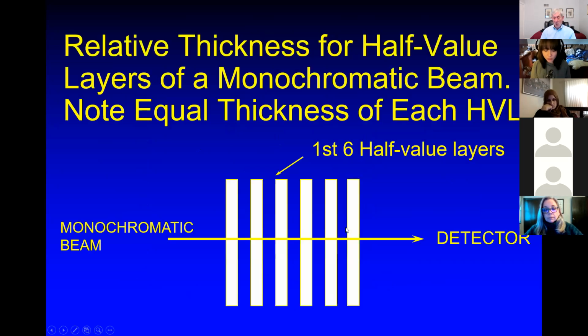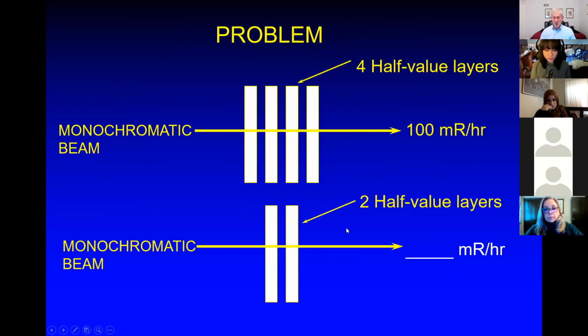Now, we worked, let me jump ahead. We worked these 6 problems last time, and I think you did pretty well, but let's take one last look at them. We have 4 HVLs in place. They're equal in thickness because they're all the same absorber, and this is a monochromatic beam.